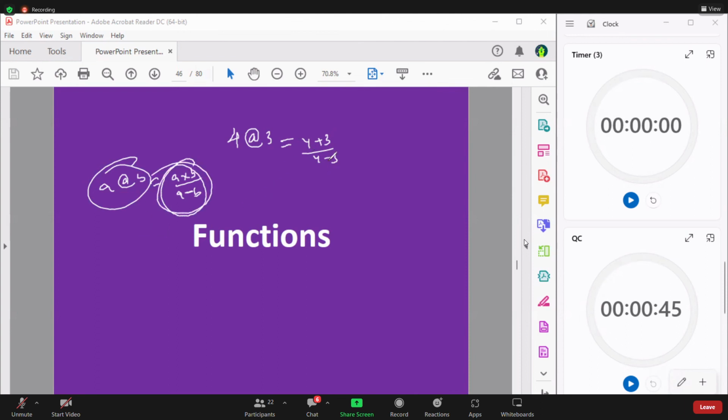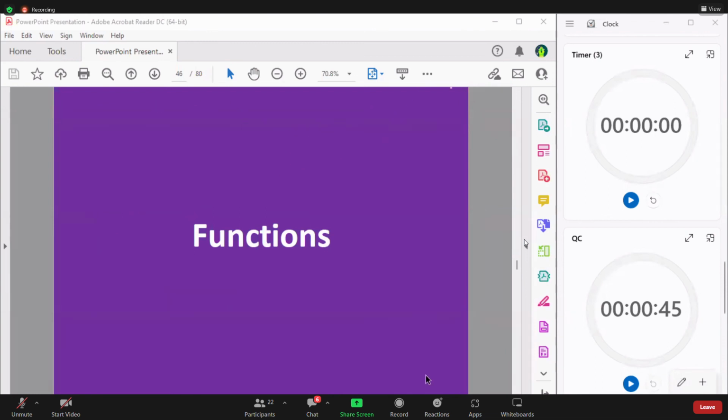So if it is 4 at 3, for this function it becomes 12 over 1, so 12 is the answer. This is also how you will receive questions on the GRE test.